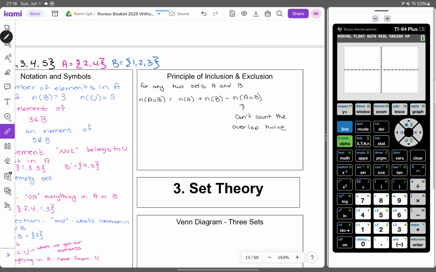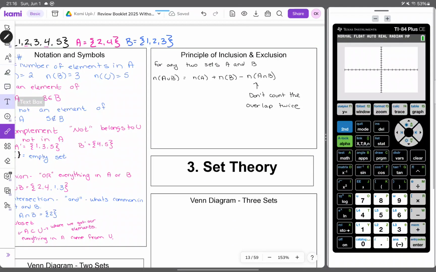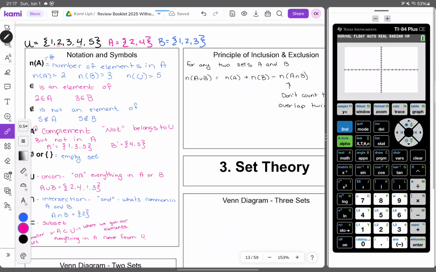So if we look at our example here, the number of elements in A union B, we already did that down here. The number of elements in A union B was 1, 2, 3, 4. Remember, this is A union B. So 4 is equal to the number of elements in A, which we said is 2, plus the number of elements in B, which like we said here is 3.